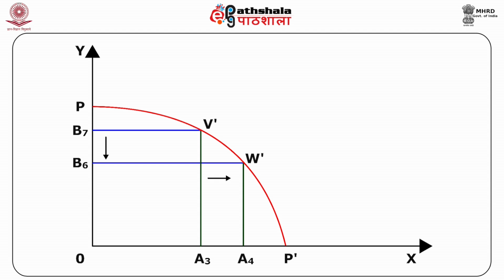This is because of the convexity of the isoquants and because of increasing costs.